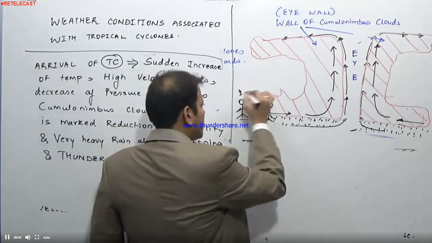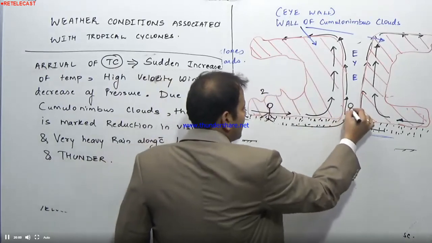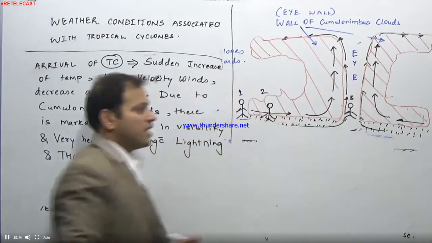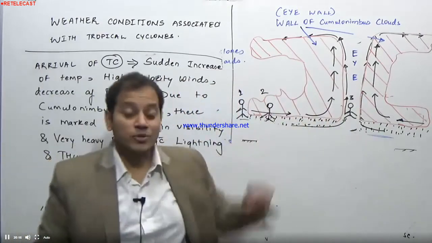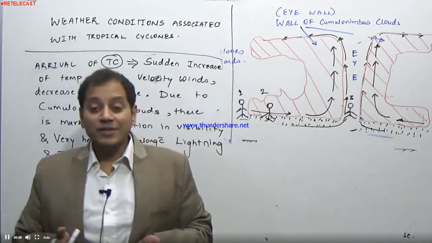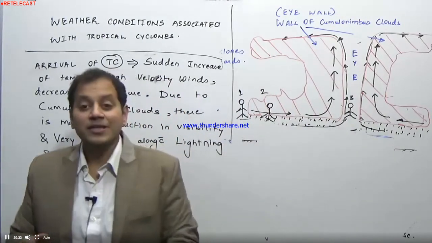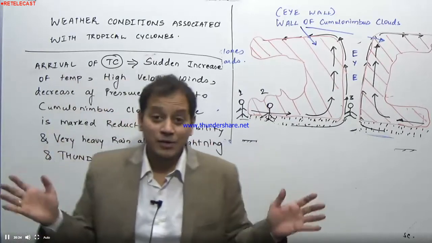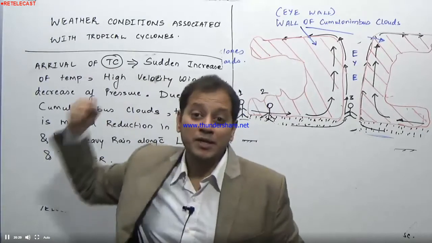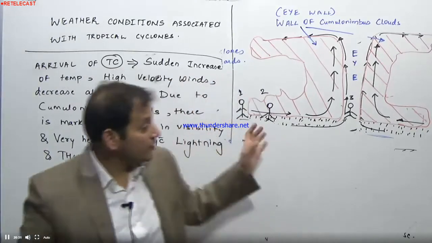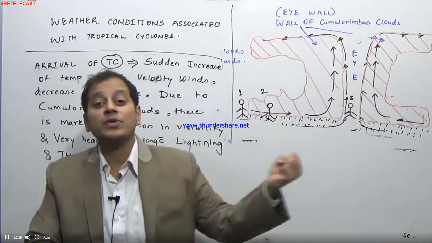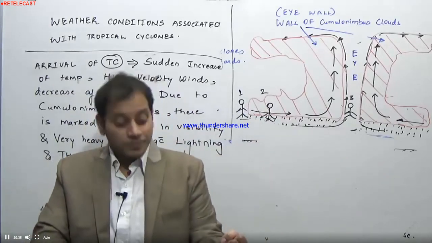So your next position, suppose you come and stand inside the eye of a cyclone, that is this third position, what will be the experience? If you come to the center of a cyclone, that is the eye of a cyclone, then you will experience a clear and cloudless sky. Initially the winds were battering you, the rainfall was very punishing, the wind velocity was tremendous, it was all drawing you inside the tropical cyclone.